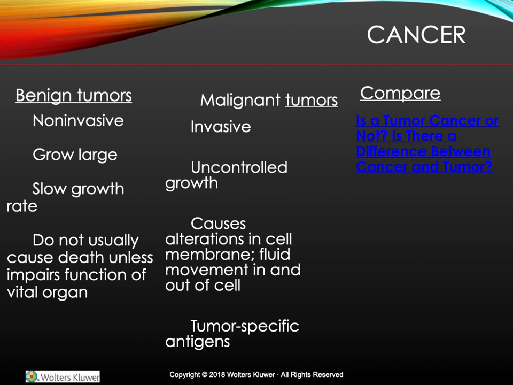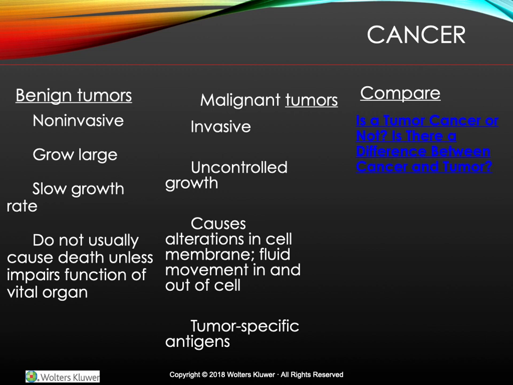Now you have malignant tumors, and these are your invasive tumors. They have uncontrolled growth. So these are your undifferentiated cells. These are the cells that grow unchecked. They cause alteration in the cell membranes. Fluid movement in and out of the cell is impaired.